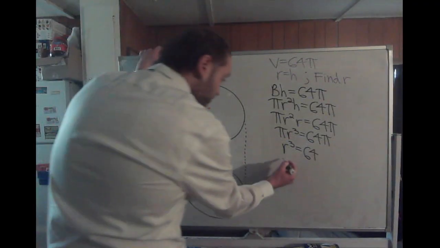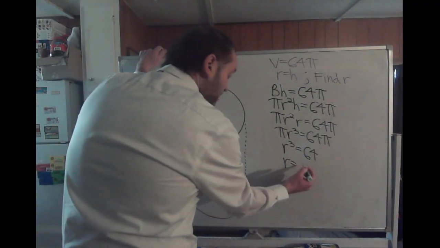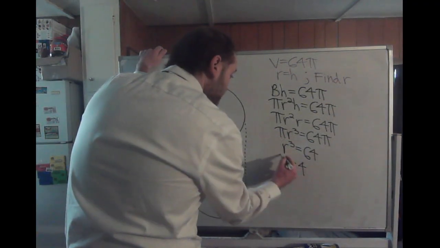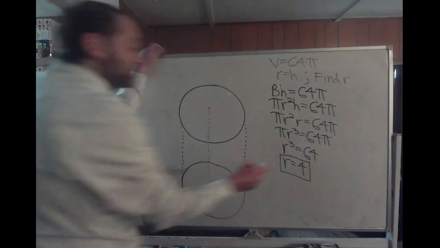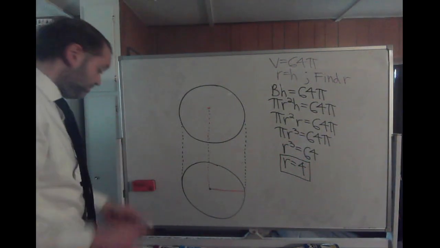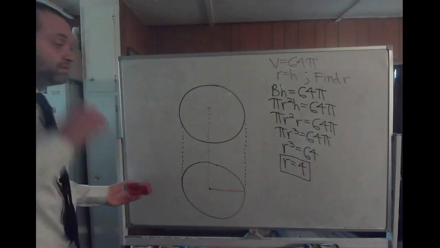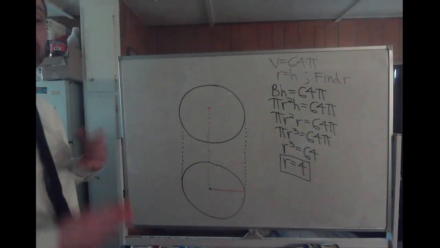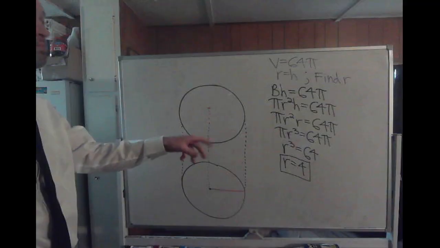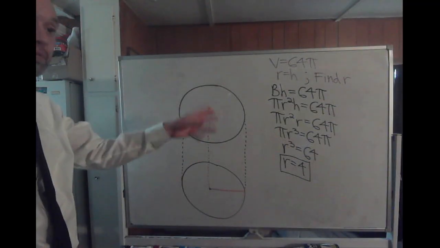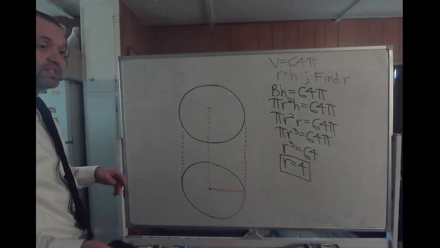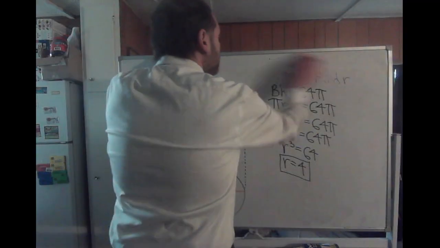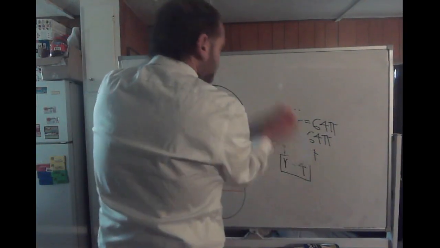Then take the cube root of both sides, you would get r equals 4. So the radius of this cylinder would be 4. So it's a bit of knowing the circumference of a circle formula or the area of a circle formula, and then if r is equal to h, substituting those values in and just doing some simple algebra. I got 3 more problems like this.